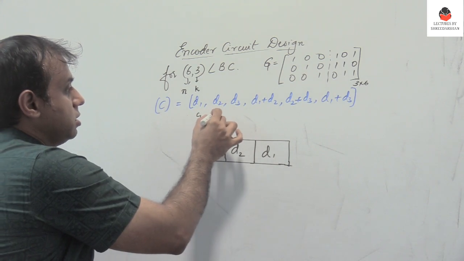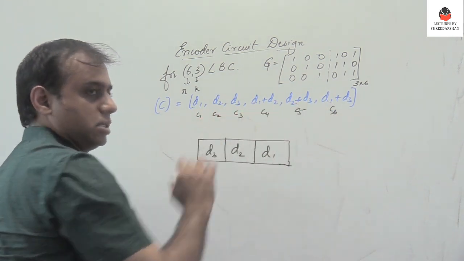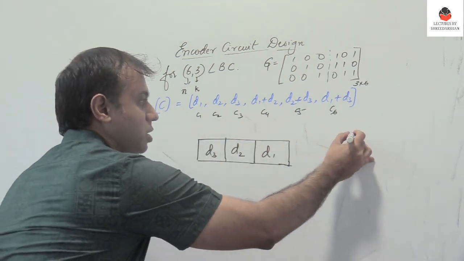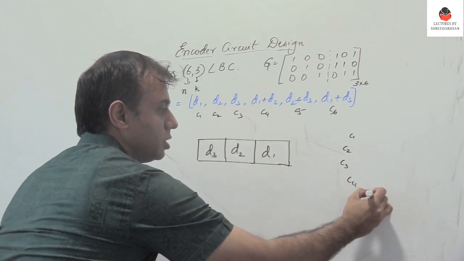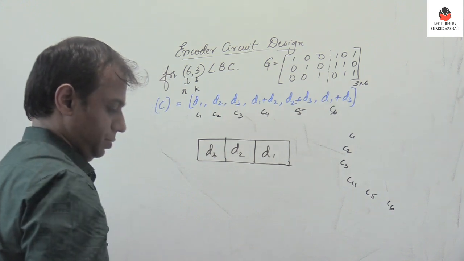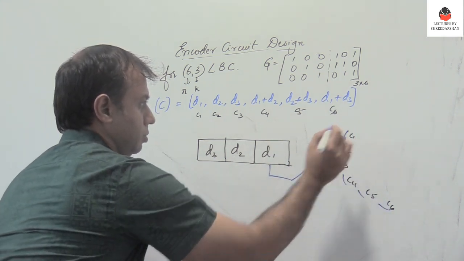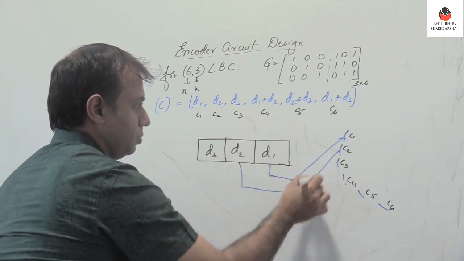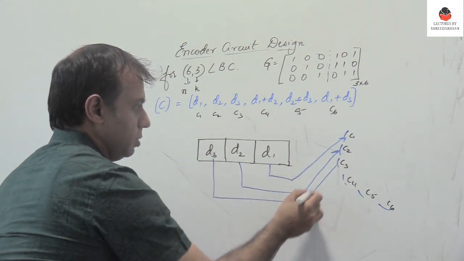The code vector has 6 bits, so let these be C1, C2, C3, C4, C5, C6. What is C1? C1 is nothing but D1. What is C2? C2 is nothing but D2. What is C3? C3 is nothing but D3.